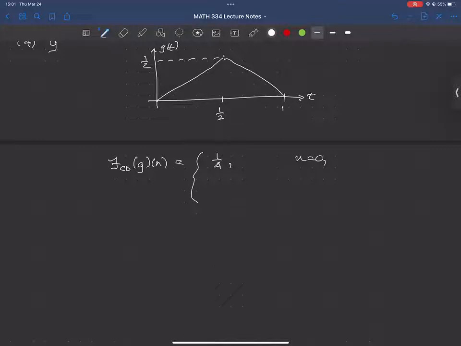When n is not equal to 0, you get minus 1 to the n minus 1 over 2 pi squared n squared. Again, we'll cache that and make use of it later.